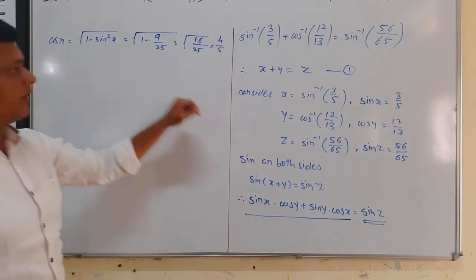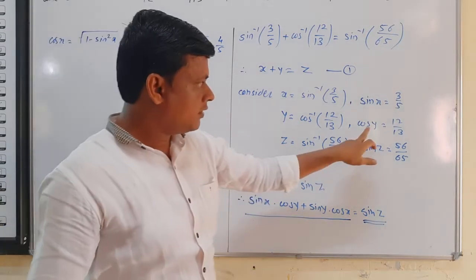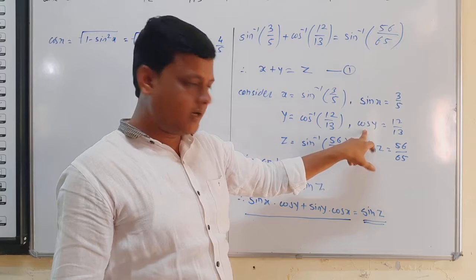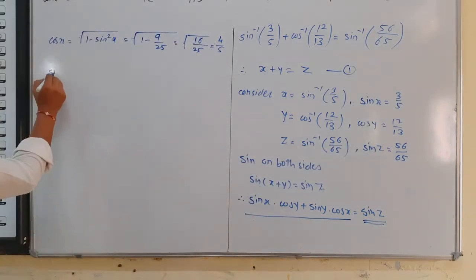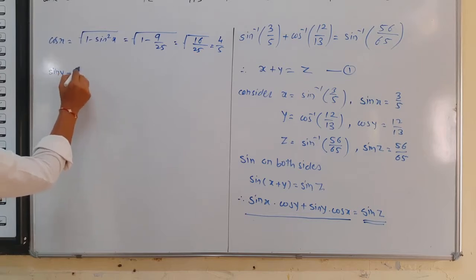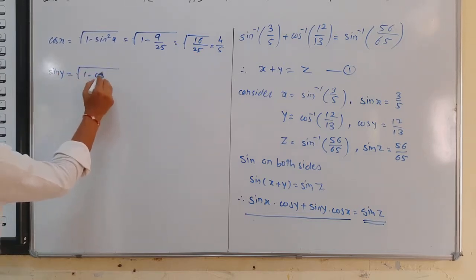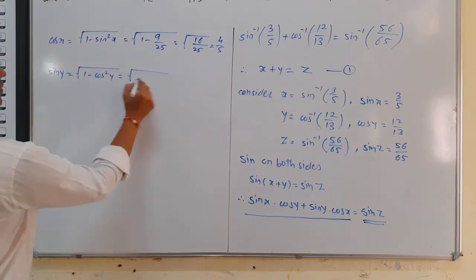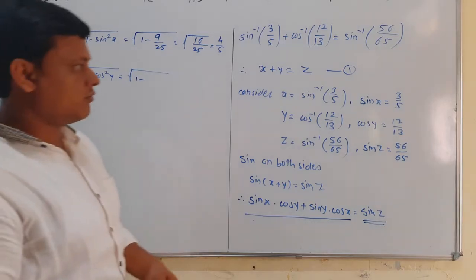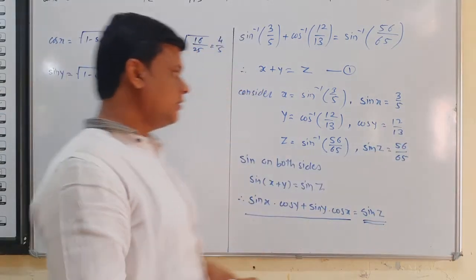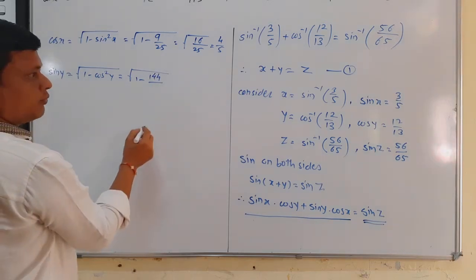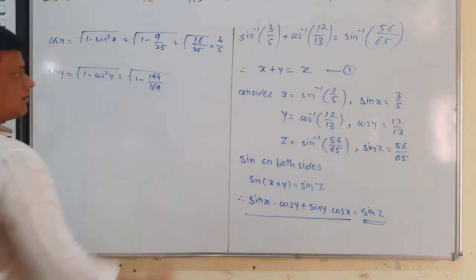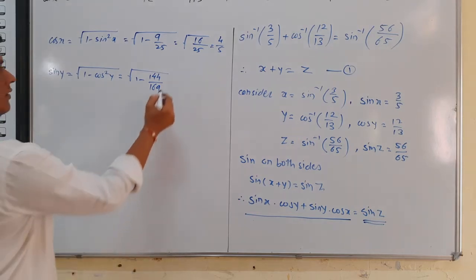Now we have the value of cos y. From that we find the value of sin y. Sin y equals under root 1 minus cos square y. We have the value of cos y, that is 12 by 13. So after squaring we get square of 12 is 144, square of 13 is 169.